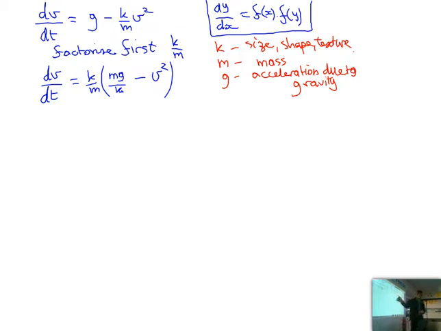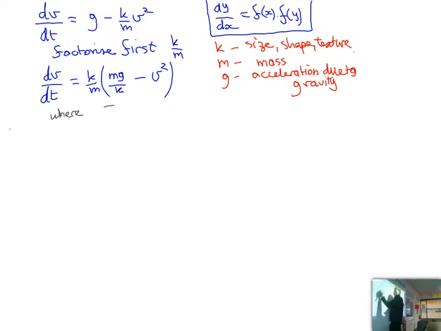It makes a little bit more sense with mass times gravity times k. And think about what that means. It's very similar to W, the weight force, divided by the size, shape, and texture constant of the air resistance. Yep. But let's see where these came from in terms of forces.